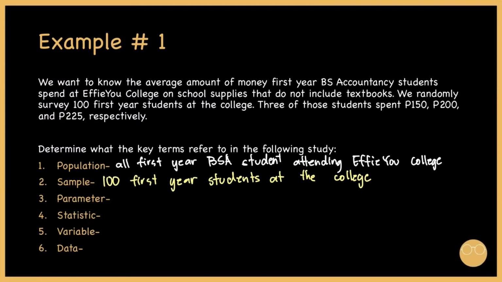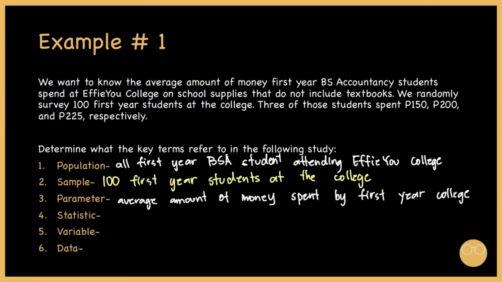The 100 first-year students at the FEU college will be our sample for this scenario. For our parameter, it will be the average amount of money spent by the first-year college students at FEU college, which will be represented by mu.